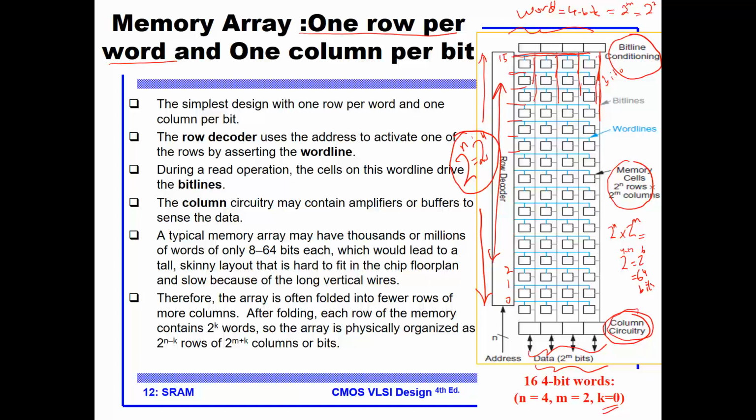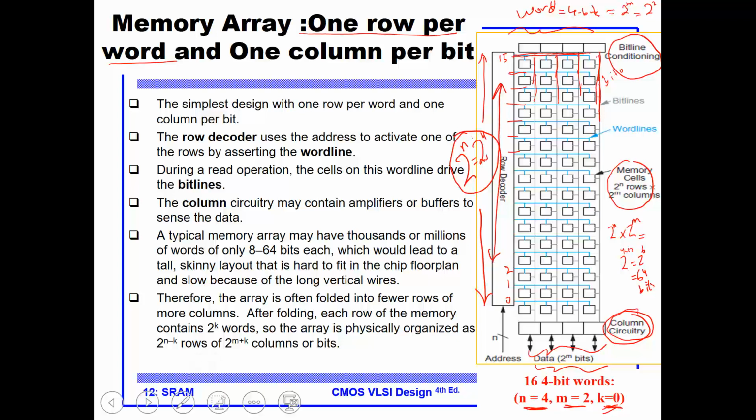So before I leave this slide, understand the parameters of this array. We have n, which gives the number of words, 2 to the n. We have m, which represents the size of the word, 2 to the m, the data size, and K represents the folding.